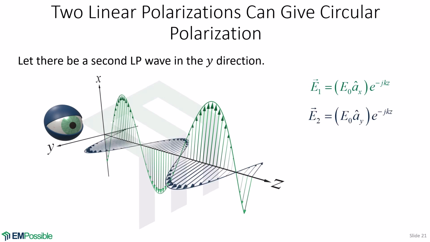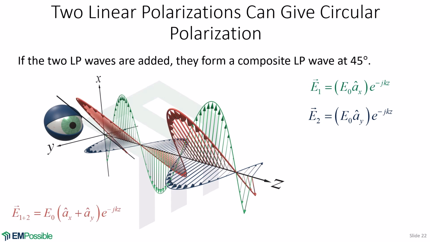Suppose at the same time we have a second wave that is linearly polarized along the y-axis. And then let's sum these and look at them as if they were just a single wave. Well, we would get a linear polarization with slightly higher amplitude polarized along the diagonals. So that's still a linear polarization. We added two linears and got a linear polarization.